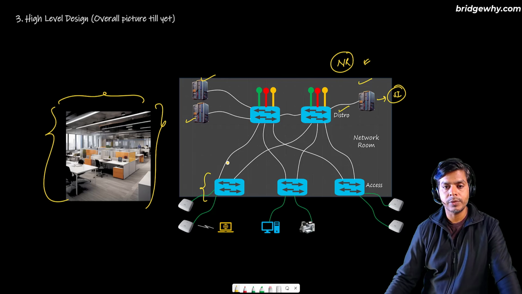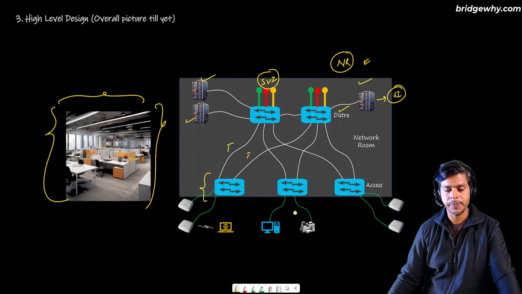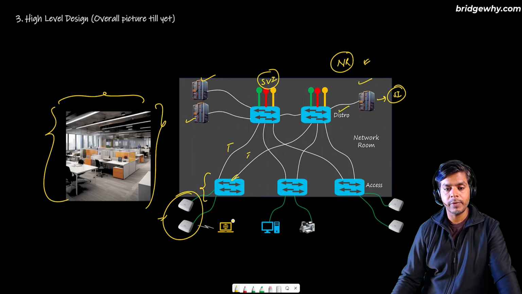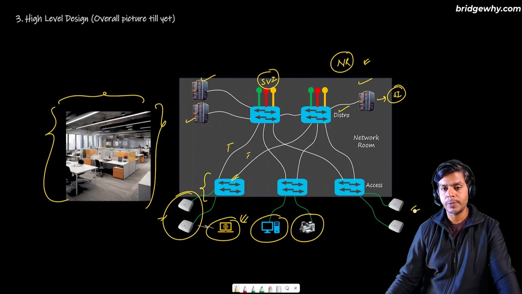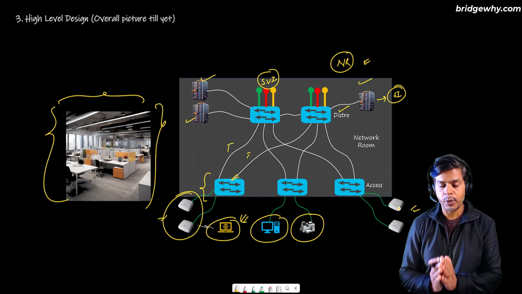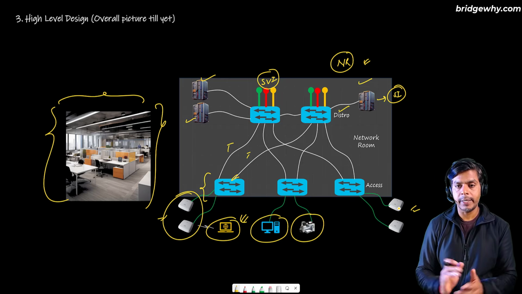We have access switches, we have trunk ports, we have SVIs here also. Then we have access points connected to this switch, and then the access point will be virtually connected to this laptop or maybe the mobile phone. We have wired devices, again access points, right? I think this is the overall picture of the network till yet.